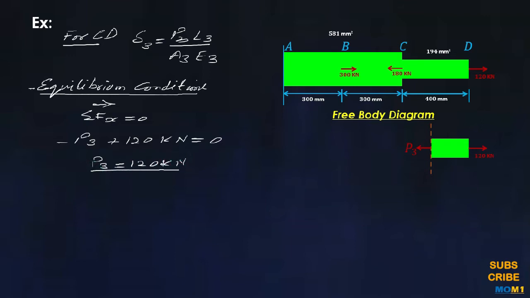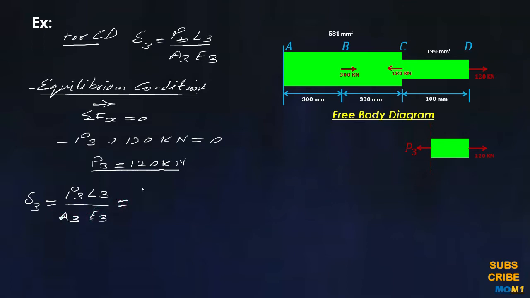Now using this value in the expression, del 3 equals P3 L3 upon A3 E3.